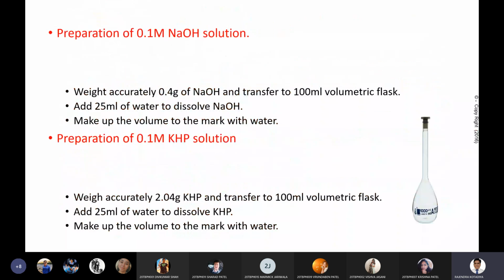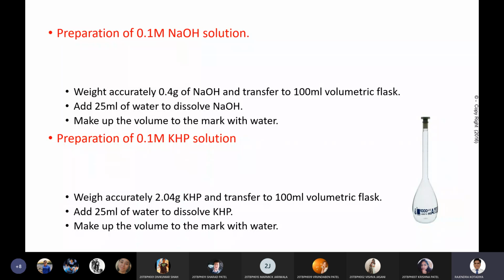Okay, now we'll come to our aim. Our aim is, first, to prepare 0.1 molar NaOH solution. How will you prepare 0.1 molar NaOH solution?